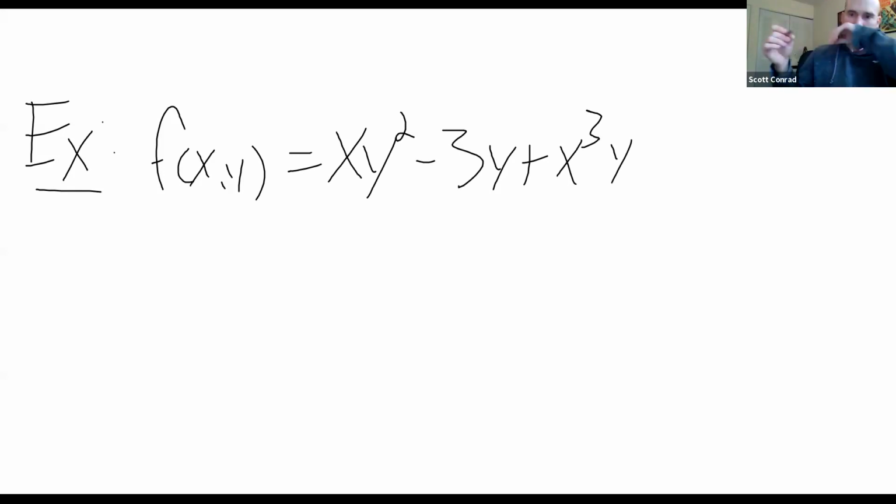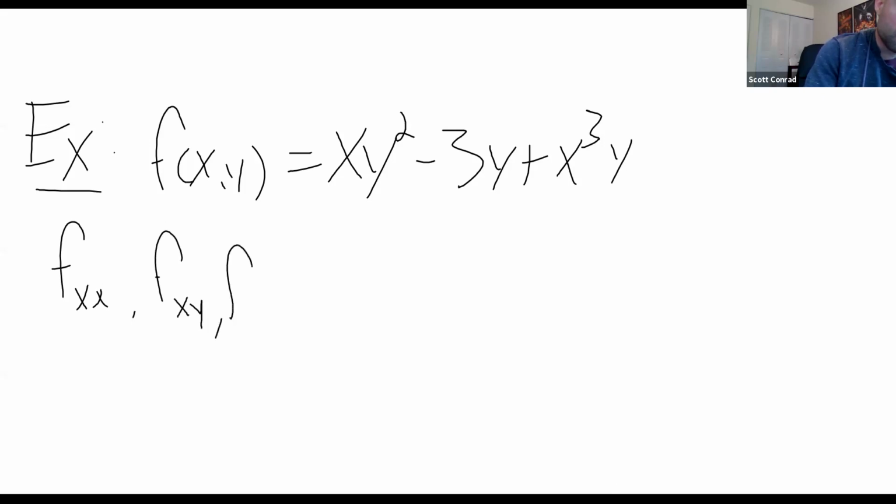So let's calculate some second partials. We don't need to do all of them. Let's do f sub xx, f sub xy, and f sub yx. And f sub yy is going to work the same way.